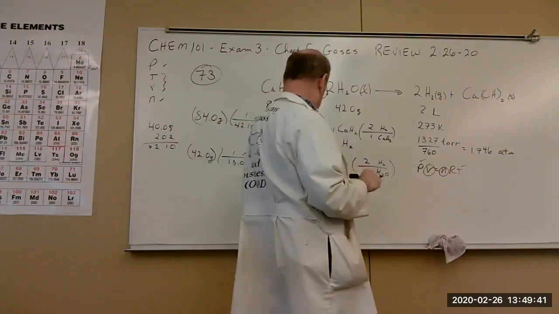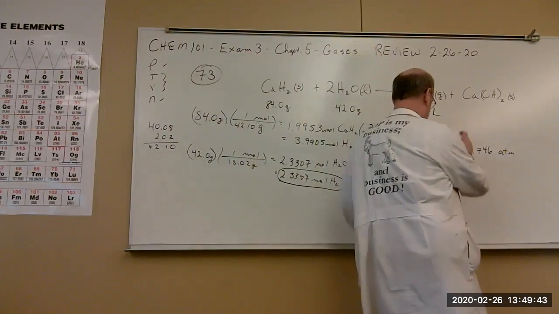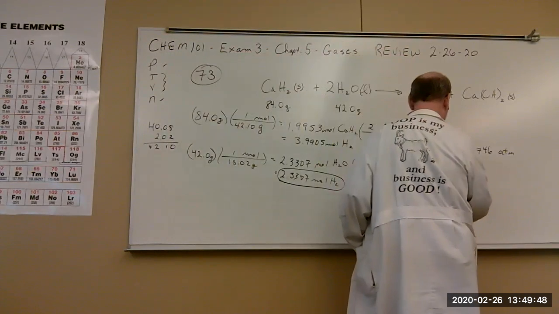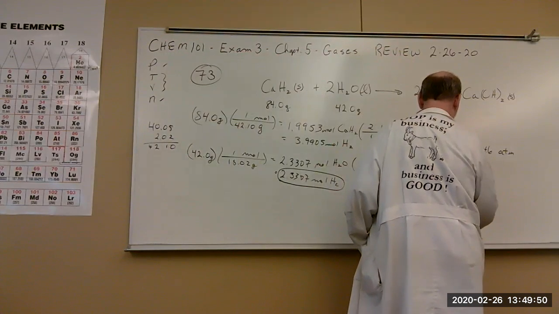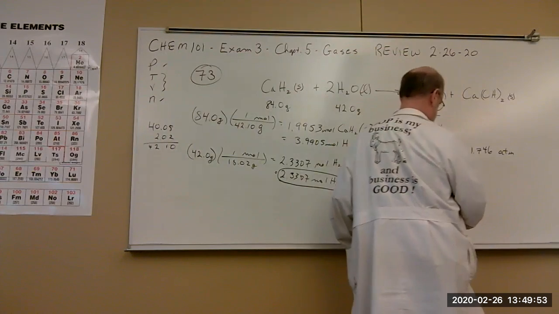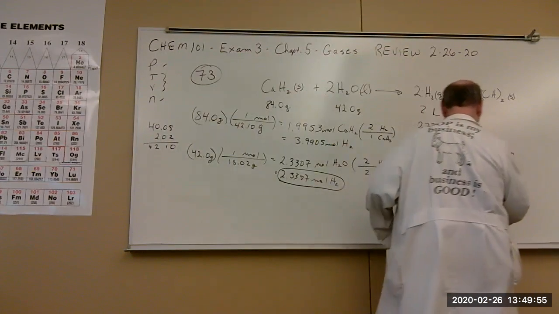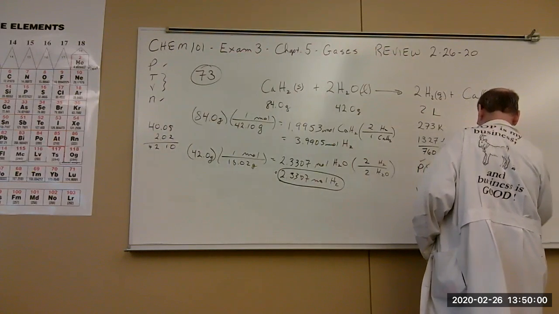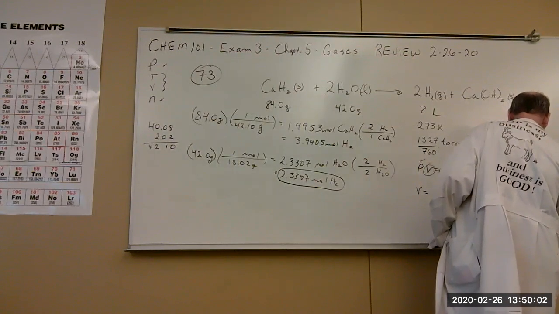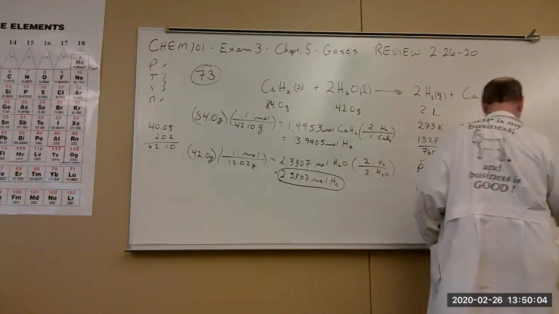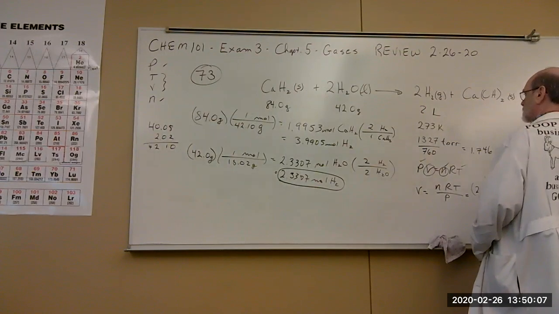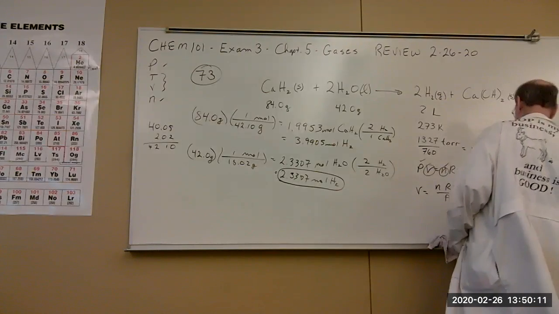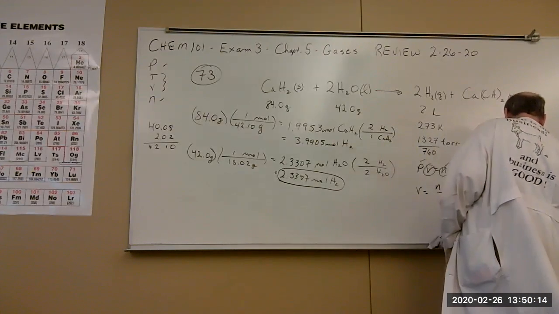Now we've got our moles. We can solve for volume. So volume equals nRT over P. Number of moles, I'll try to put them in order this time, times 0.08206, and temperature is 273, divided by pressure, 1.746.